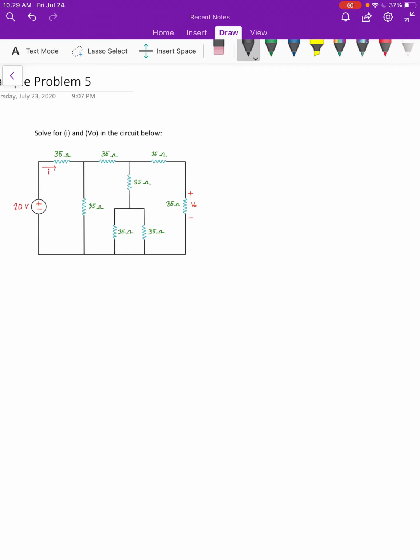So the first thing that we can do here is to solve for current I. We need to simplify the resistor network first so that we can solve for the main current. When we simplify the resistor network, it is important that we start on those resistors which we can easily add onto each other.